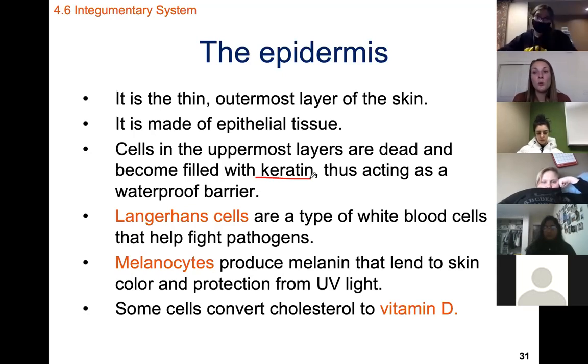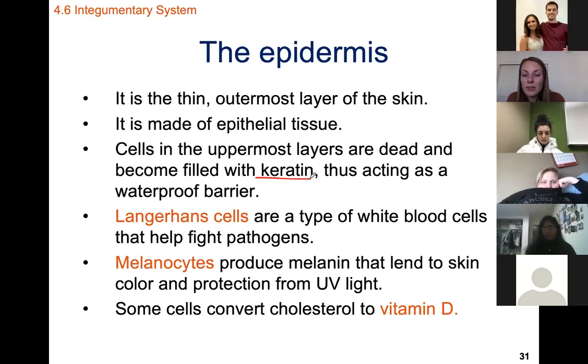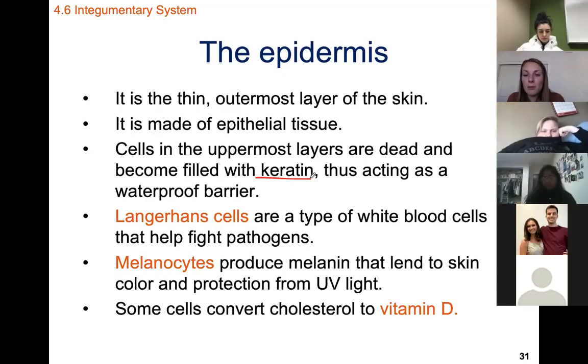So if too much UV comes in, maybe there's a sunburn or somebody used a sun tanning bed, the UV light can essentially damage the skin. The melanocytes that produce melanin maybe aren't working in a correct way, or they have a malfunction of some sort. And then the growing and reproducing of those cells is what leads to skin cancer.